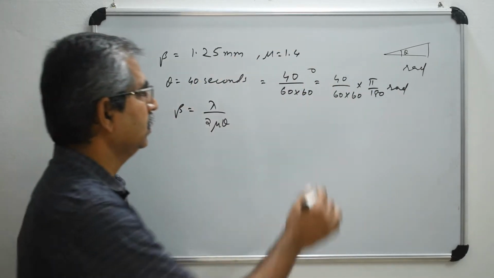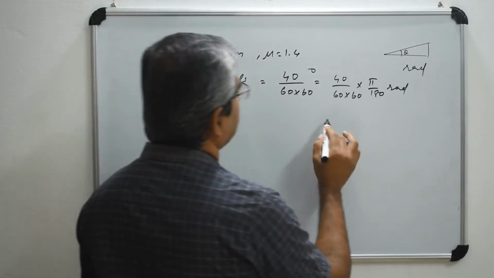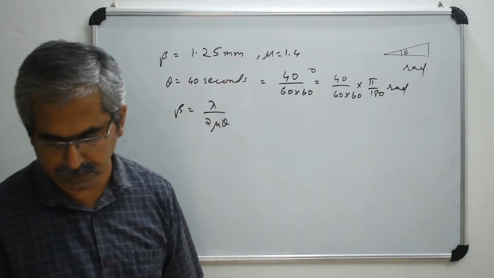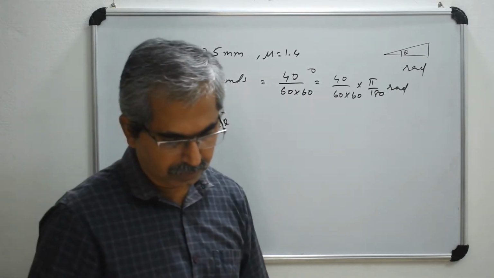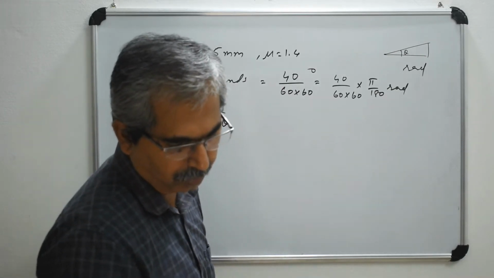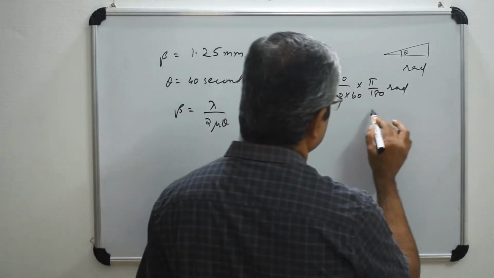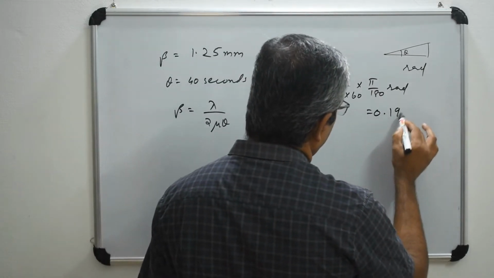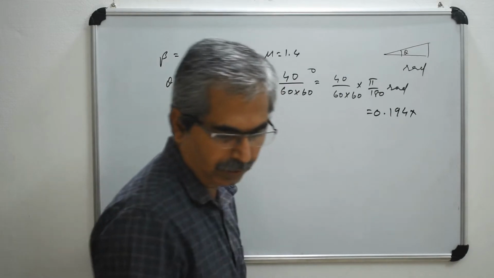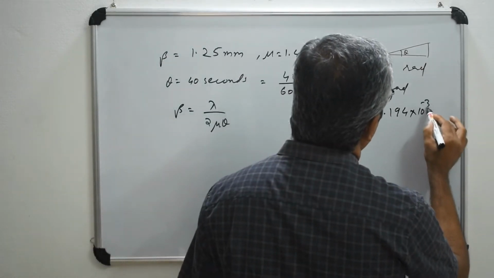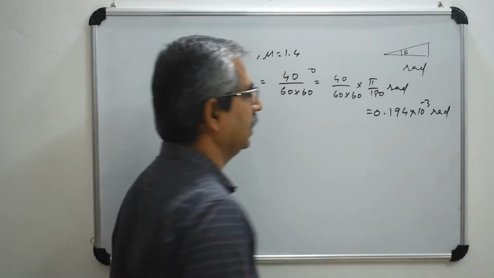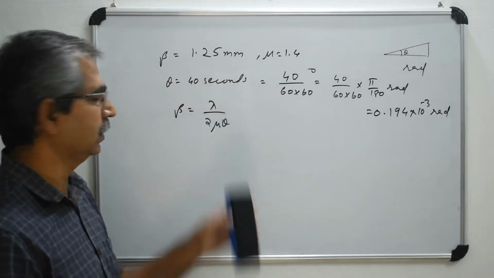This is the main thing to be remembered. The value obtained is theta equal to 0.194 into 10 to the power of minus 3 radians. So this is the value of theta.